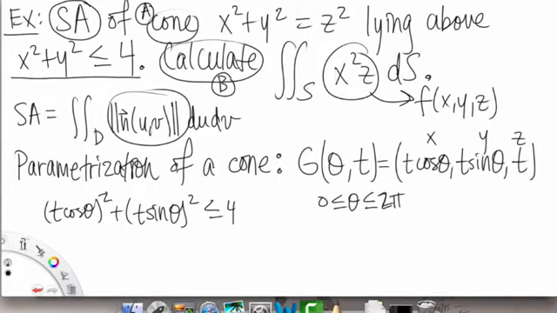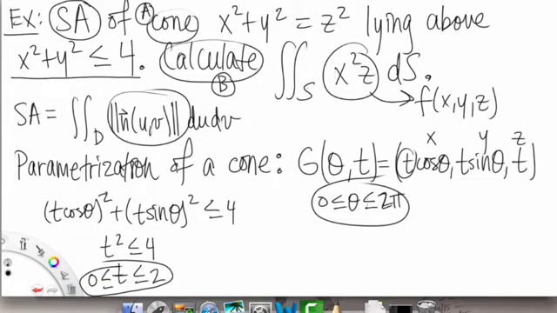Simplifying, we get t squared times cosine squared theta plus sine squared theta, which is a 1, so t squared is less than or equal to 4. So t has to be less than or equal to 2. And since t is acting like a radius, it has to be greater than or equal to 0 as well. These are our two bounds on the parameter variables.